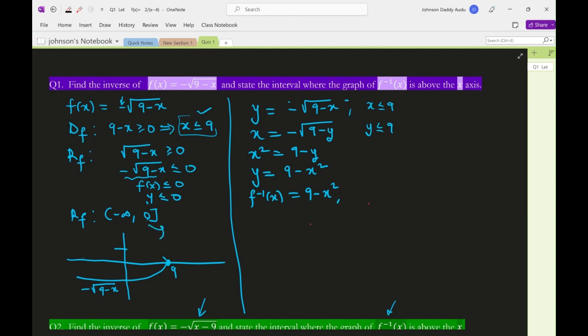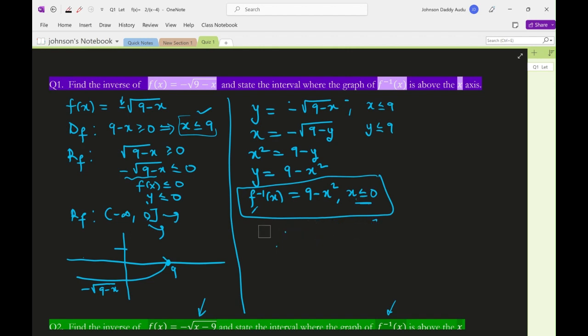The range of f is up to 0, so we're going to have x less than or equal to 0, which is the same as minus infinity to 0. This range of f is the one that gives us the condition here, because whatever x is here is coming from the domain of f inverse.